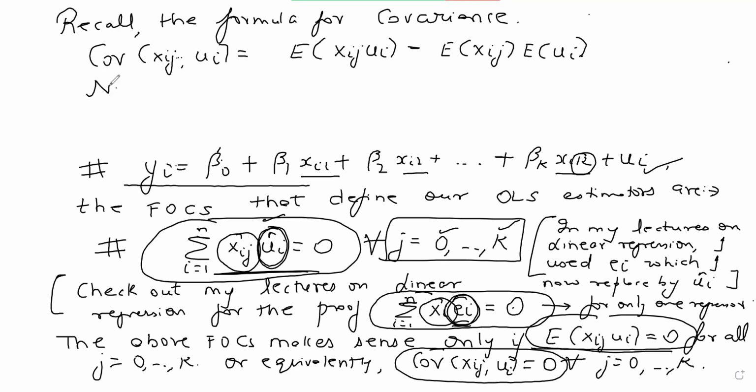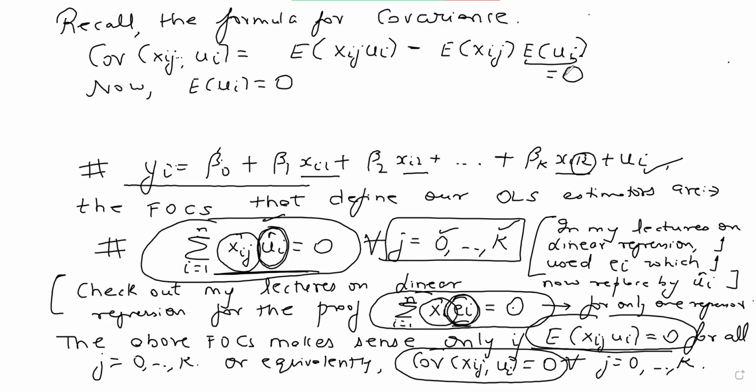Now again recall, the expected value of ui is equal to 0. We know that the error term on an average will take the value 0. Sometimes it is going to take positive values, sometimes negative values. We made the assumption in the simple linear regression model that the positive and the negative values on an average will cancel out, causing expected value of ui to be equal to 0. So this is 0.